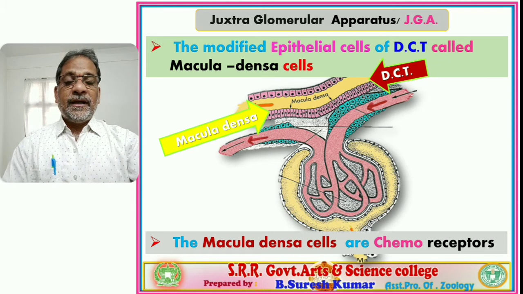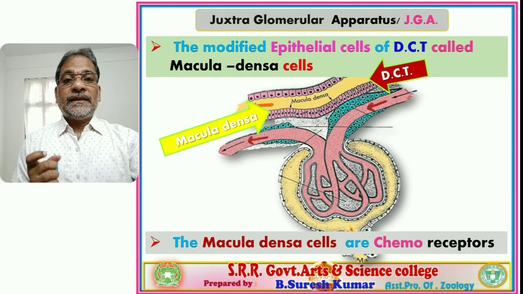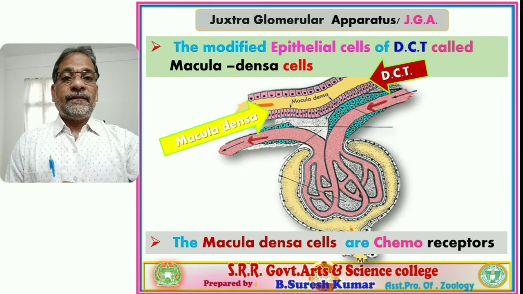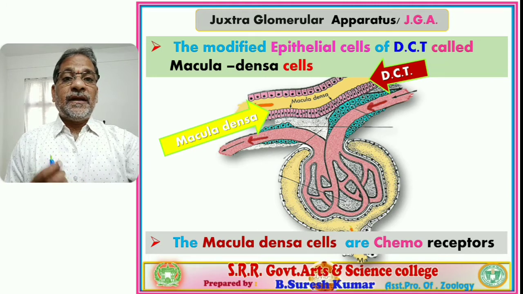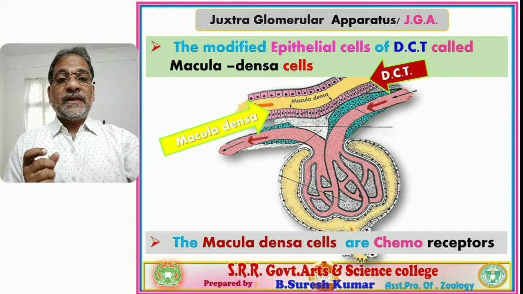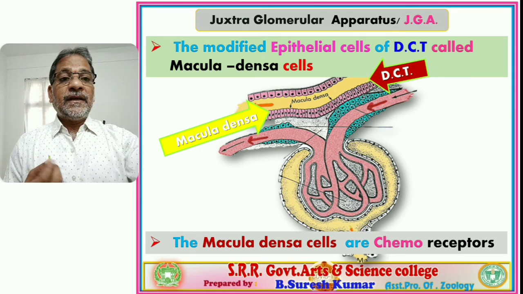So that's why the juxtaglomerular apparatus is termed a sensory and endocrine organ. Juxtaglomerular cells serve endocrine function, and macula densa cells perceive the signals. So hence they are chemoreceptors, so sensory organs, right?